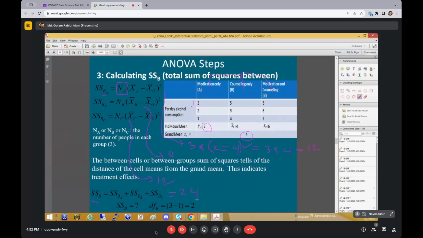And we have to find out DF of B. For between, we have three categories: medication only, counseling only, and medication plus counseling. So that means n minus 1, 3 minus 1, is 2. So DF B is 2.